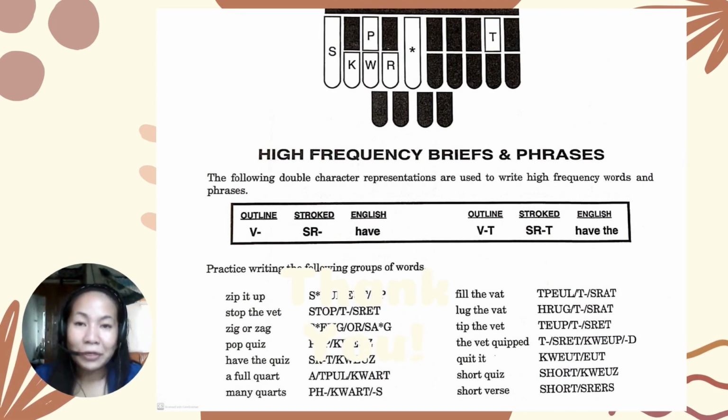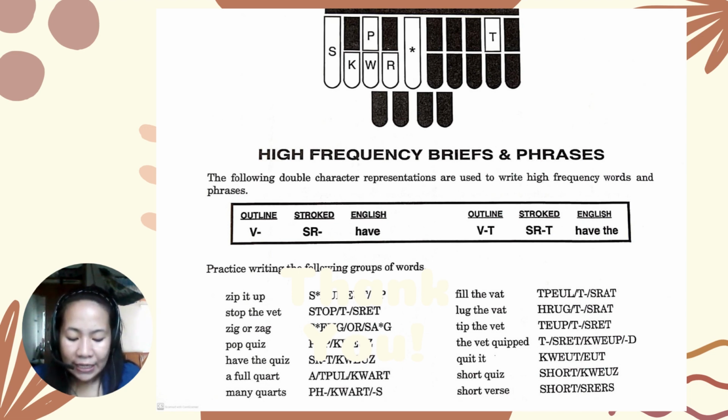Okay, so we still have more high frequency briefs and phrases. We have here the initial V. You're going to strike the letters SR. Those already represent the letter V, and that will also represent the brief form for the word have.